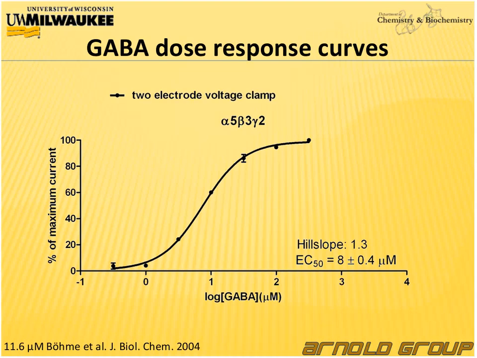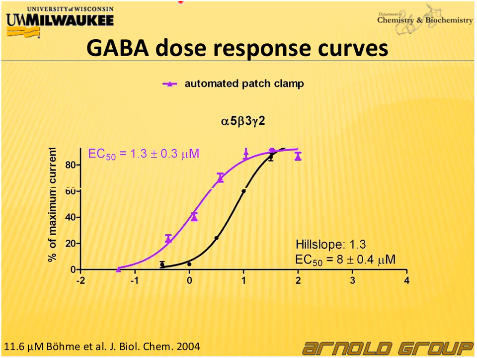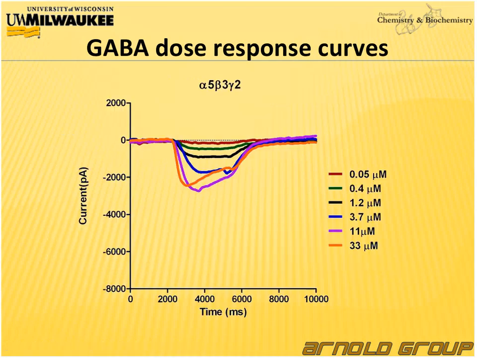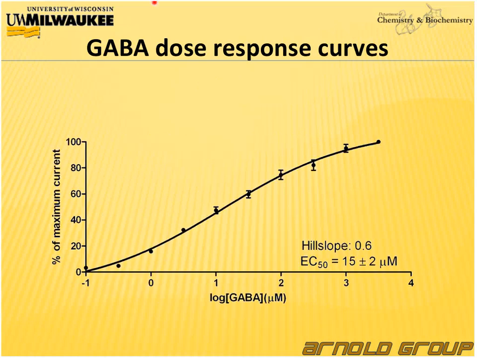Then for the alpha-5, we find an EC50 of 8 micromolar, which is the smallest EC50 for the manual assay. And for our automated assay, we find an EC50 of 1.3 micromolar for GABA. And also here the response is relatively small in comparison with the alpha-1 or alpha-3.